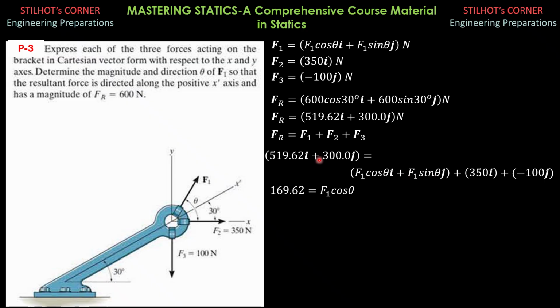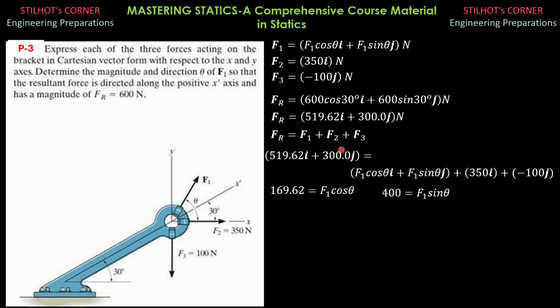If we simplify that, 519.62 minus 350 is 169.62, which equals F1 cosine theta. That's the first equation.